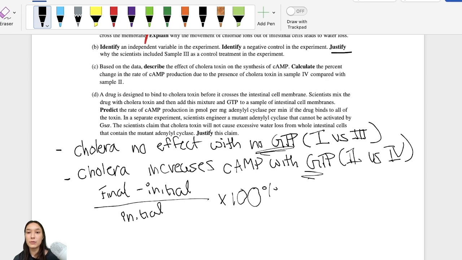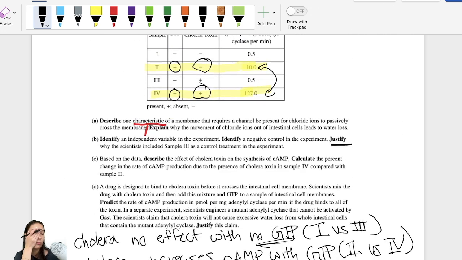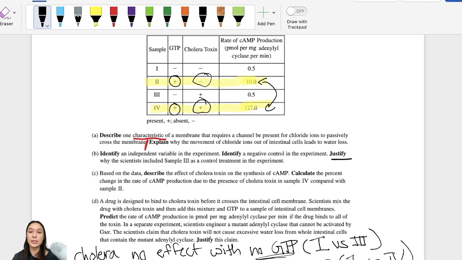Okay, so it's for 2 and 4, and you need to know which one's your final and which one's your initial. The final in this case is going to be number 4, right? Because we're seeing what happens when you add cholera. So the one that already has cholera added would be your final. The initial one would be prior to adding cholera.